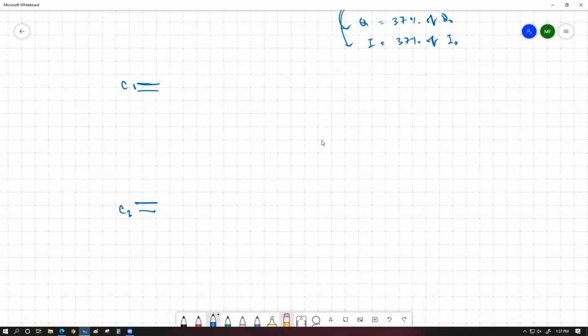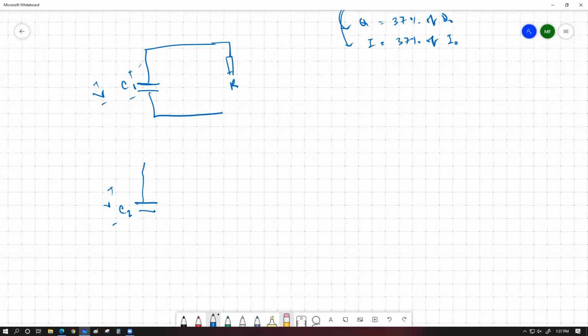This capacitor has a starting voltage of plus minus V, and this capacitor also has a voltage of plus minus V. We're going to drain this capacitor through a resistor R over time through a switch, of course. We are going to need a switch. And if we are trying to measure the current, there should be an ammeter as well. I'm not drawing this over here just for the sake of simplicity.